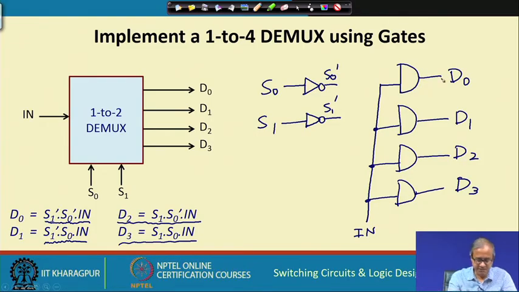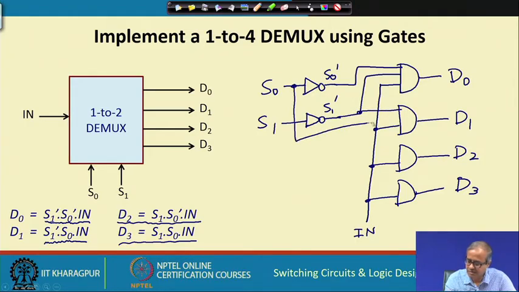In the first gate for D 0 I need to connect S 1 bar and S 0 bar. So, I connect S 0 bar, I connect S 1 bar. For D 1 I need S 1 bar and S 0, like this. For D 2 I need S 1 and S 0 bar.